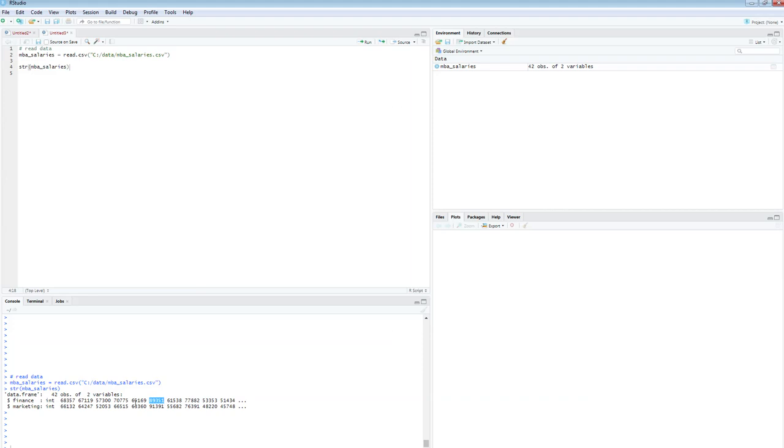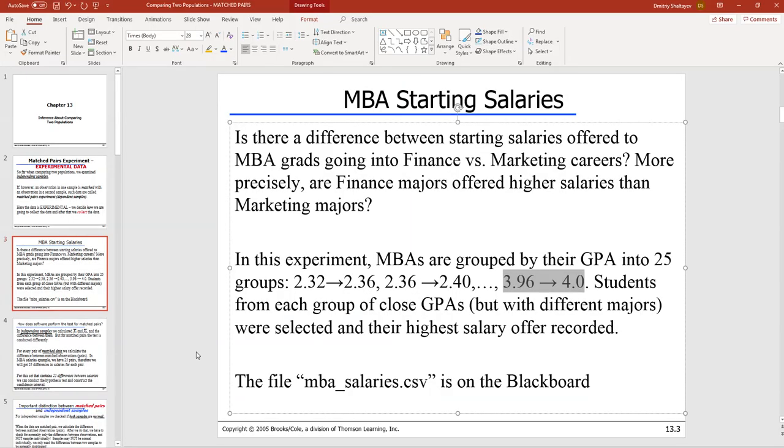And the person from finance, for this GPA level, whatever that is, actually got about $2,000 less than the marketing person with the same matching GPA. So it's not always the case that all finance grads receive a higher offer than their marketing counterparts with a matching, very close GPA.